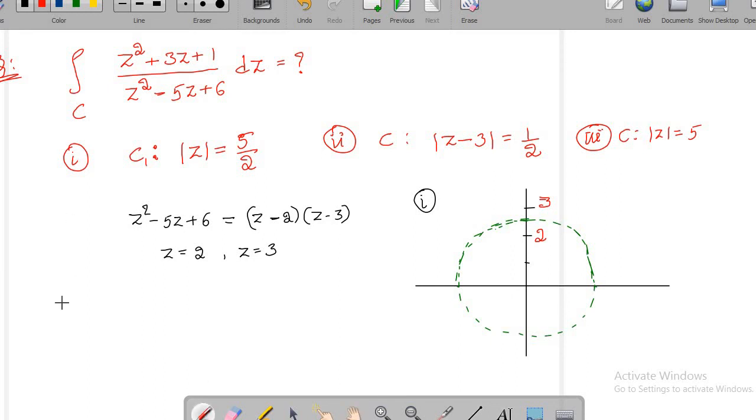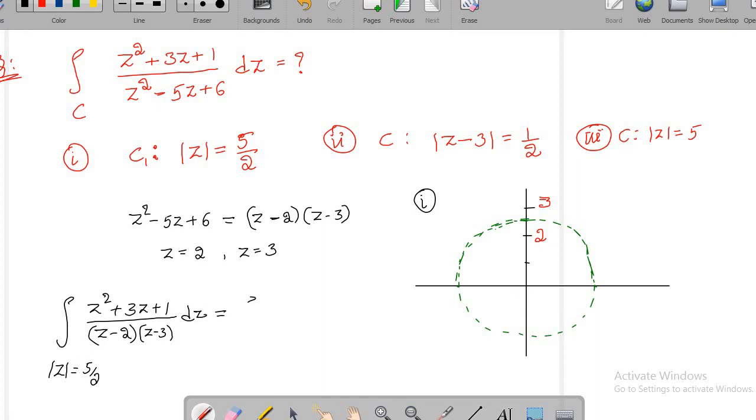Now take the problem: integral along C, which is mod z equal to 5 by 2. This is nothing but z square plus 3z plus 1 by, and the denominator can be expressed as z minus 2 into z minus 3. Only 2 is lying inside.